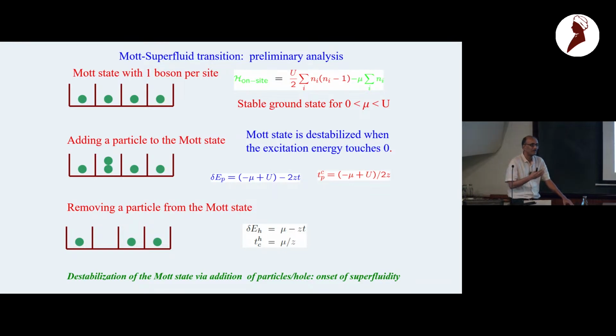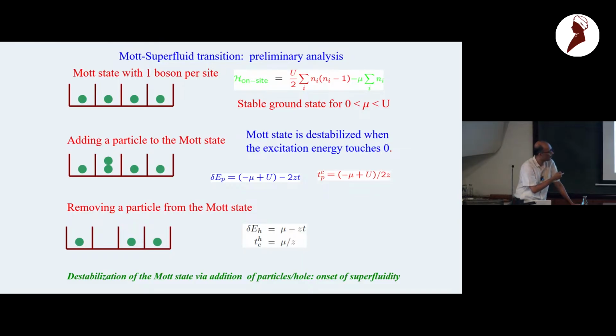Okay? And let me set it to 0. Then your Hamiltonian just has this interaction term and a chemical potential. And this is really easy to calculate, I'm not going through the details, but it turns out that if your chemical potential is between 0 and U, then the ground state consists of 1 particle per site. Okay? That's the Mott state.